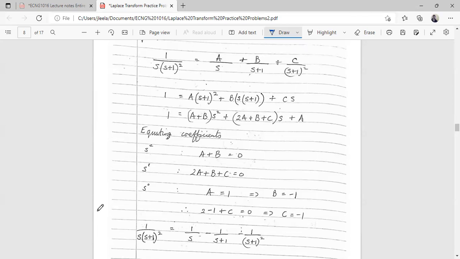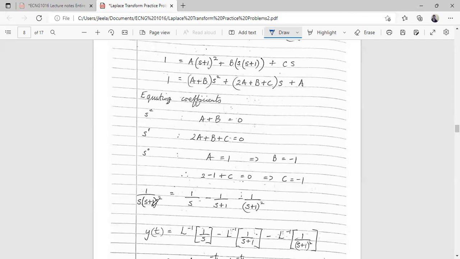Now, if a is 1 and a plus b is 0, it means that b is minus 1. And then we could substitute for a and b in the second equation there, and we'll get 2 minus 1 plus c is 0. So c is minus 1.